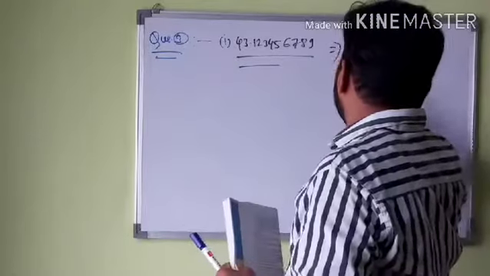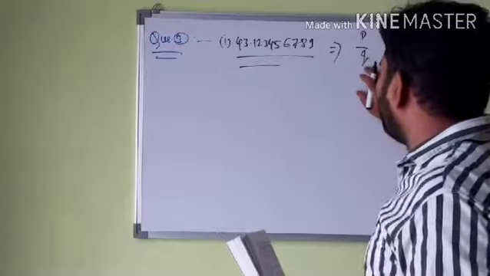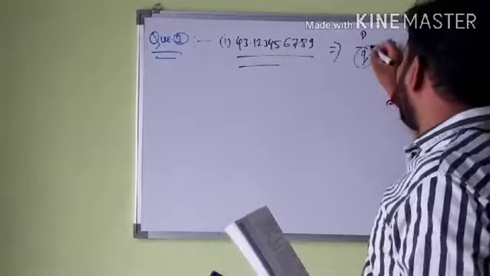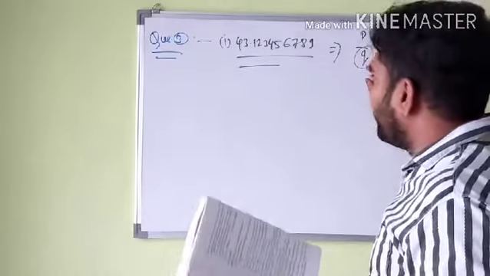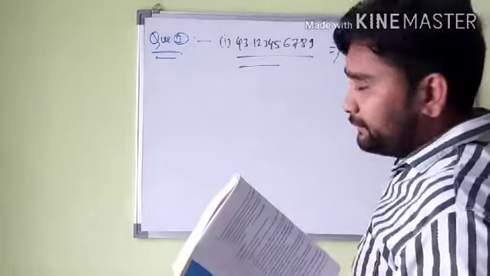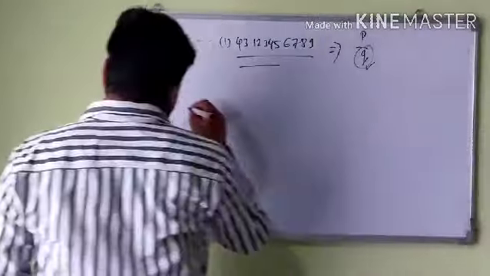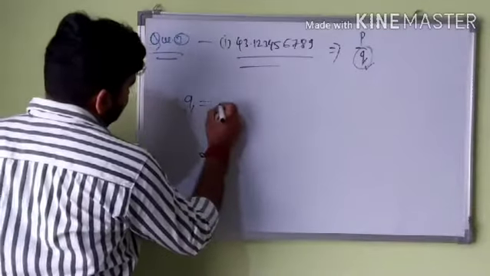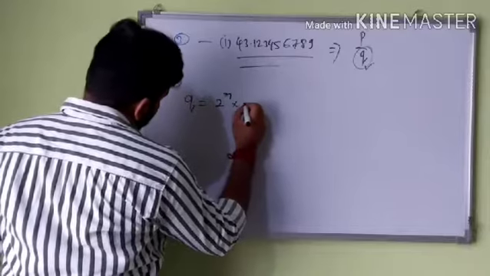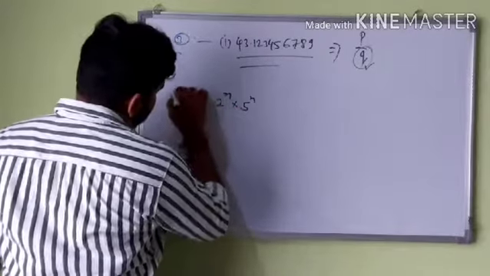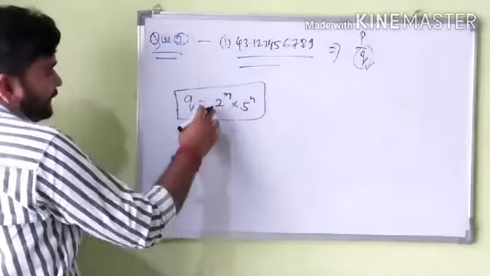If it is written in the form p by q, what about the prime factorization of q? So you know that if q is in the form of 2 to the power m and 5 to the power n, that means it has a terminating decimal expansion.